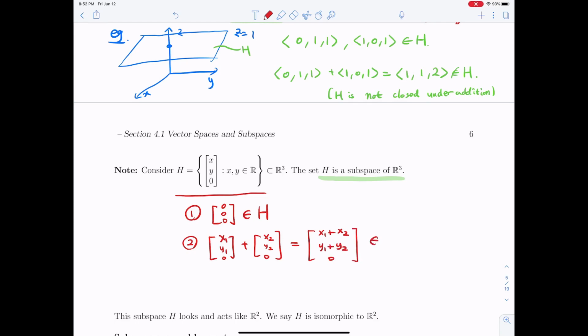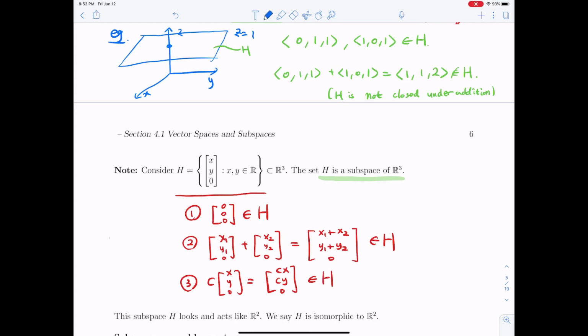That again belongs to H. And if you multiply some number c into (x, y, 0), this gives you (cx, cy, 0). That again belongs to the given set H.